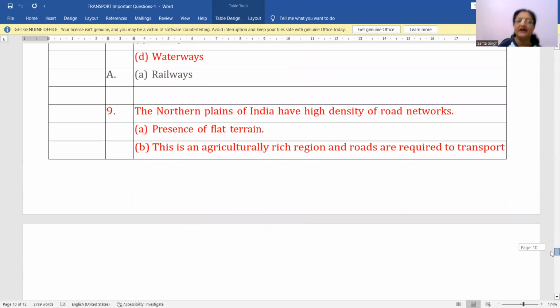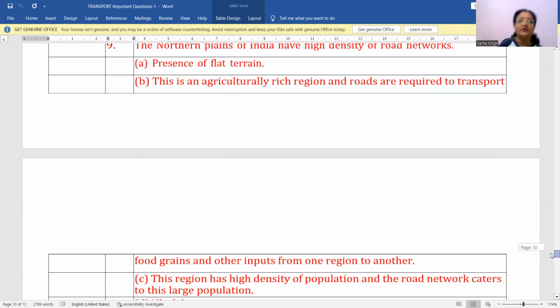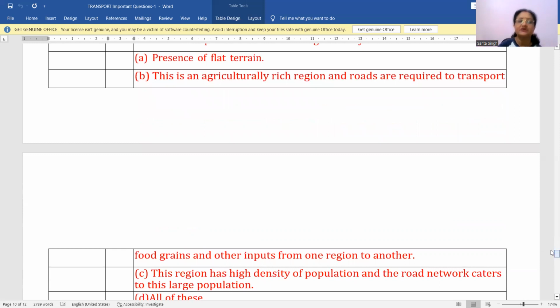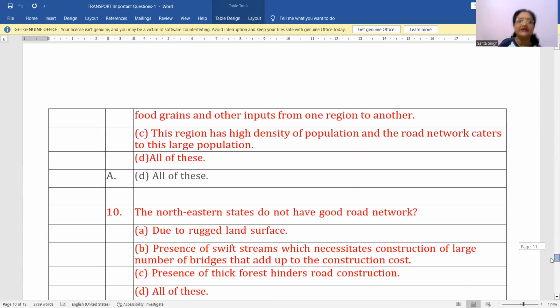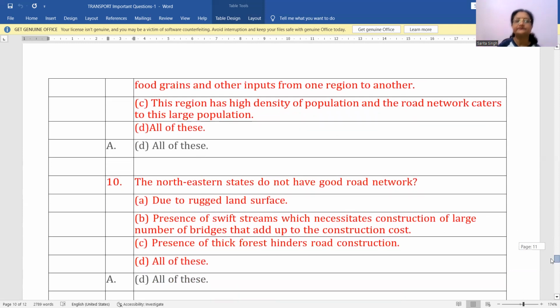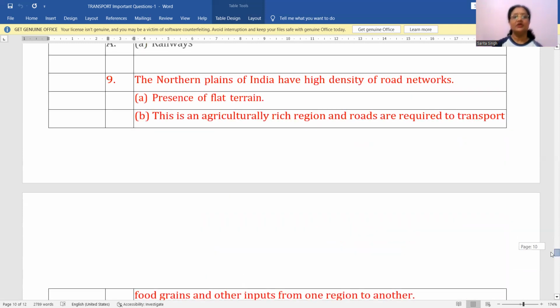Northern plains of India have high density of road networks. Now to support this, all the options will work. Okay, all the options. And what is this, you see, presence of flat terrain, flat surfaced area is there. It is agriculturally rich region.